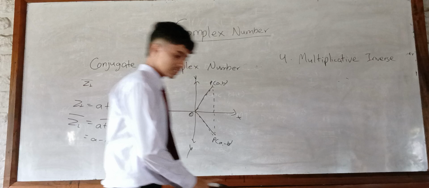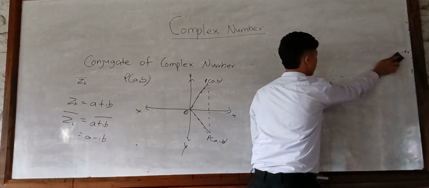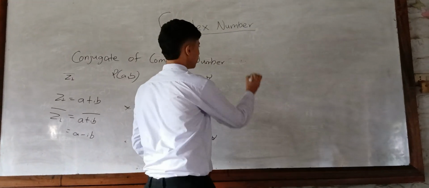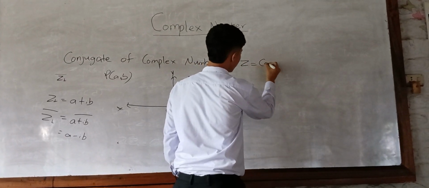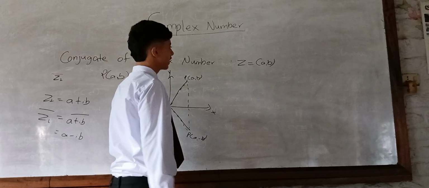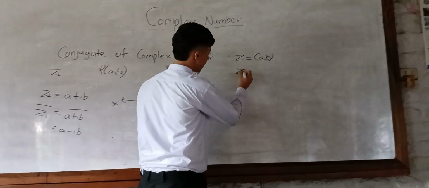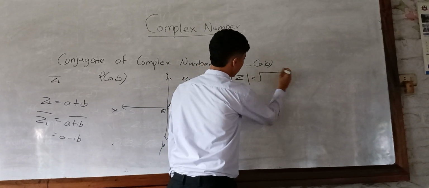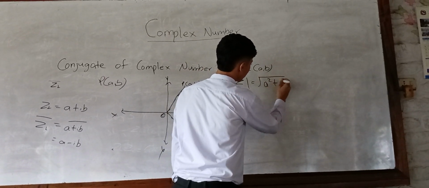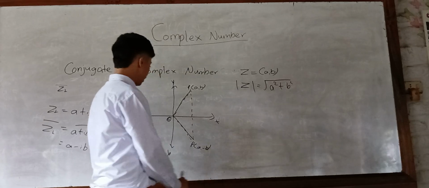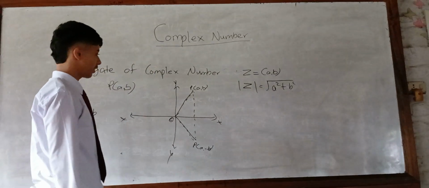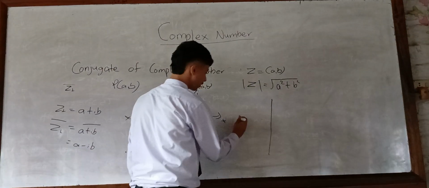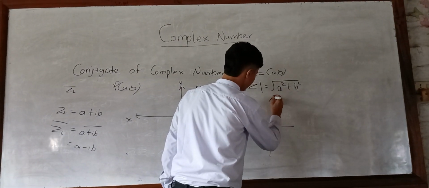Now let me explain the absolute value of a complex number. If z equals a comma b is a complex number, then its absolute value is taken by the modulus, which gives us the square root of a square plus b square. As I have done so many graphical representations, I would like to do one for this one, because it will be much easier to understand.